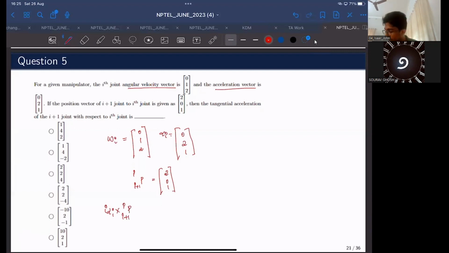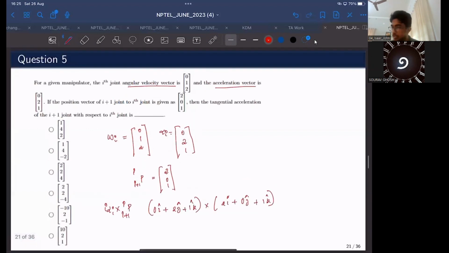So if you take the cross product, it would be something like 0i plus 2j plus 1k cross 2i plus 0j plus 1k. Right? So what would be the final answer? If you take the cross product, let me check. This term cannot multiply with any of these terms.